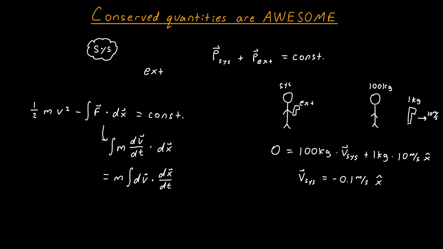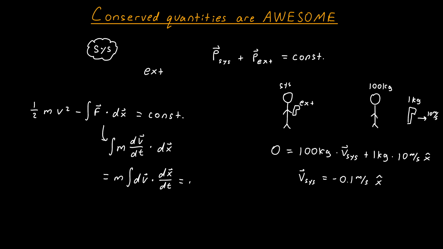And because velocity and position are assumed to be smooth, nicely behaved functions, it's perfectly fine to swap over that dt from a derivative of velocity over time to a derivative of position over time. And of course, what you'll notice is that dx/dt is just the velocity itself.